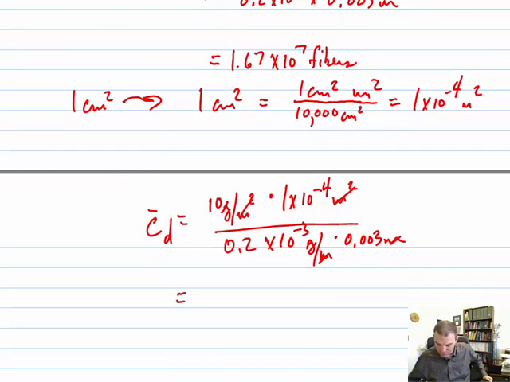So we've multiplied this by 10 to the minus 4, so our number up above here should change by a factor of minus 4. So we should have 1.67 times 10 to the third fibers.